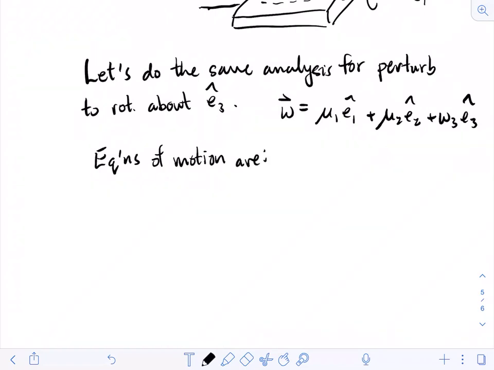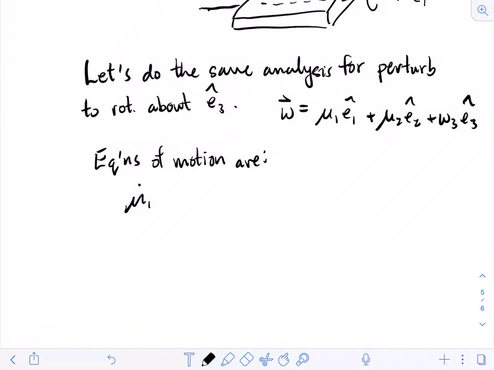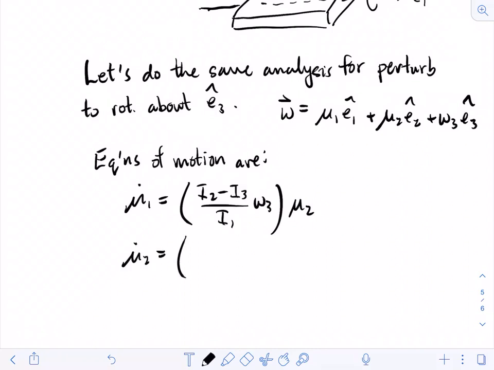are, from Euler's equations, going to be mu1 dot is equal to I2 minus I3 over I1 omega 3 times mu2. Mu2 dot is going to be I3 minus I1 over I2 omega 3 mu1.